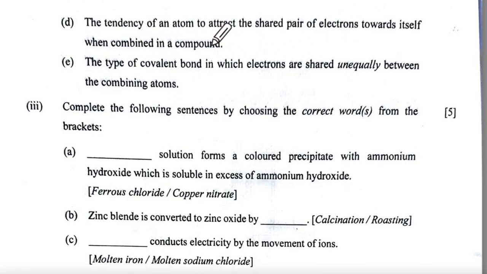The tendency of an atom to attract the shared pair of electrons towards itself when combined in a compound will be your electronegativity. The type of covalent bond in which electrons are shared unequally between the combining atoms, that is going to cause polarity.